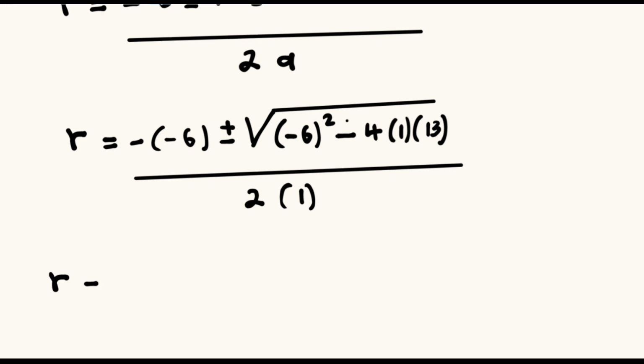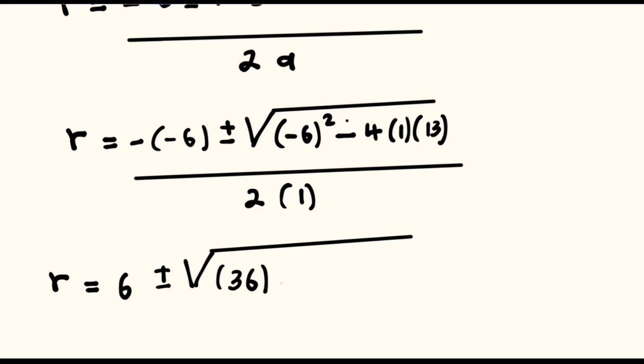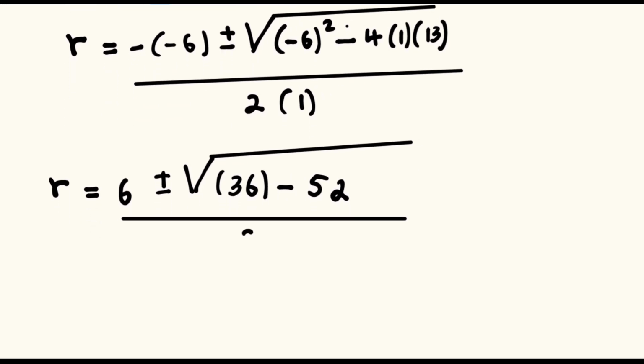So r will be equal to negative multiplied by negative 6 will be equal to 6 plus or minus the square root of 36 minus 4 multiplied by 1 multiplied by 13, which will be equal to 52. And we are dividing through by 2 multiplied by 1, which will be equal to 2.